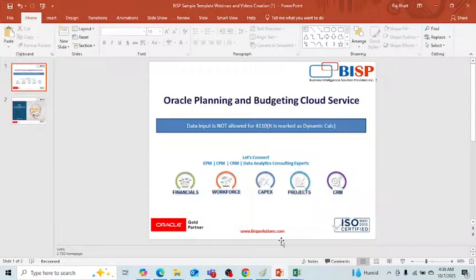Cash flow management is another benefit. Accurate input of sales, receivables, and bills gives a clear, real-time picture of a company's cash position, helping to prevent shortages or missed opportunities.